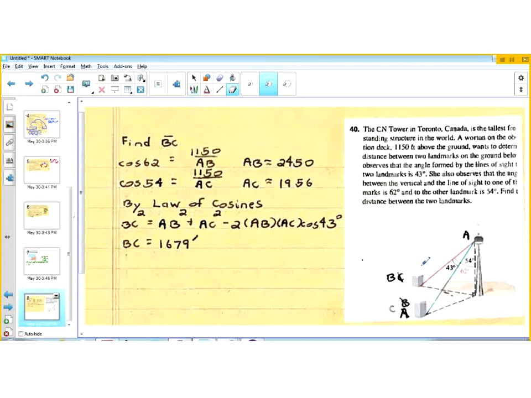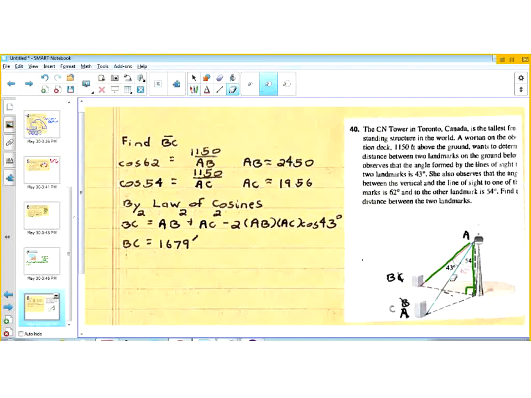We have to have a right angle to calculate the cosine of 62 degrees. So it would be the adjacent, which is the height of the tower, divided by the hypotenuse, which is AB. That's this formula. Solving for AB, we have 2450 feet.